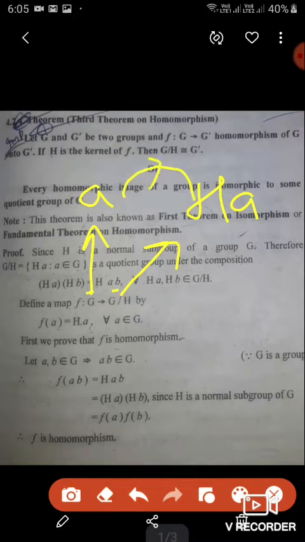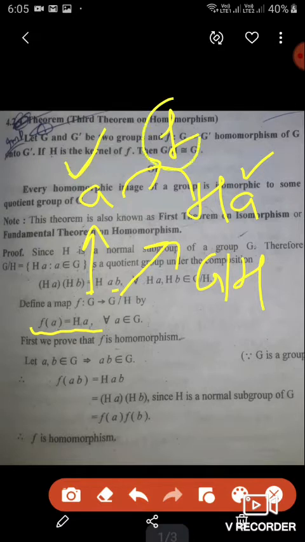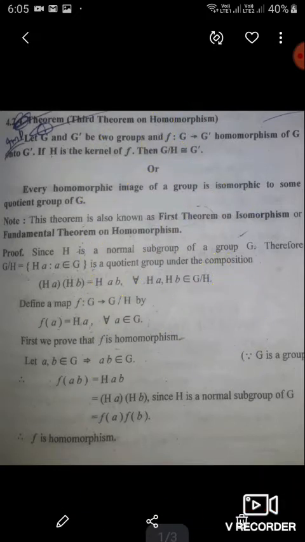We are basically associating this element of G with this element of the quotient group with the help of function f. So we defined it like this, that the image of element a under function f is Ha. Fine.